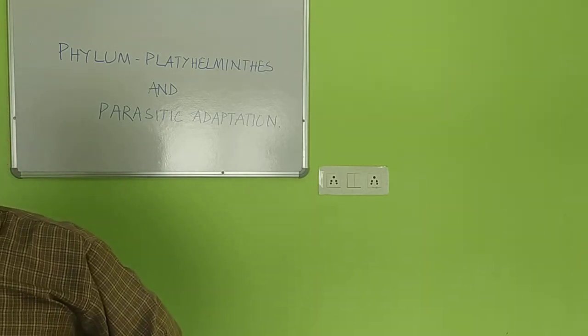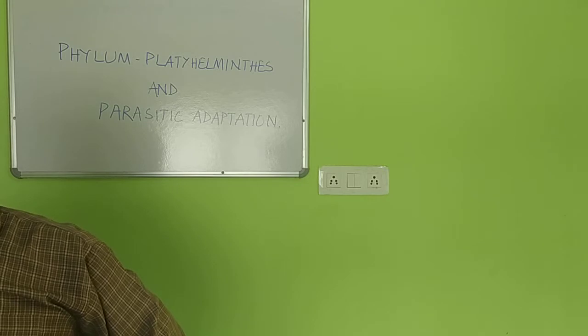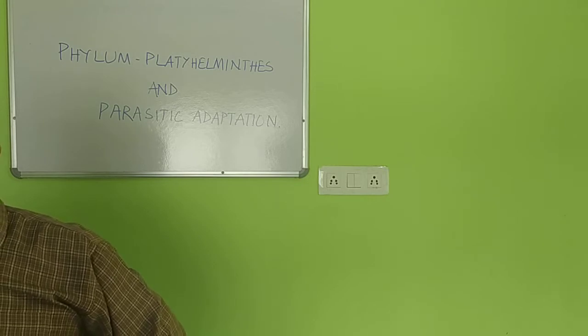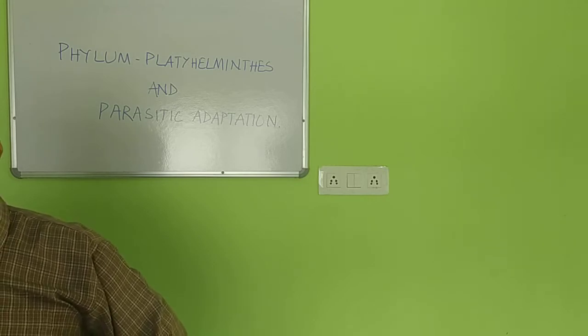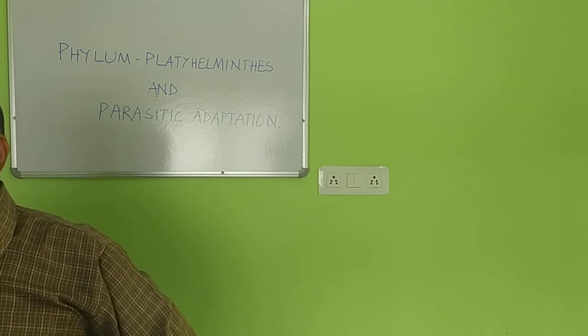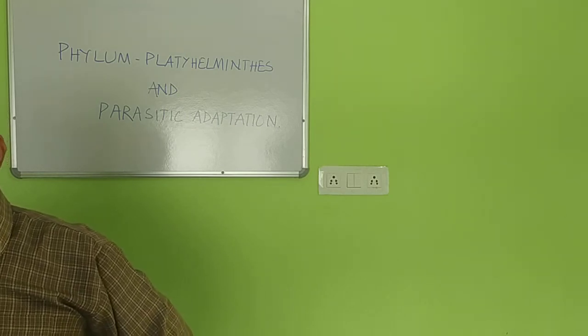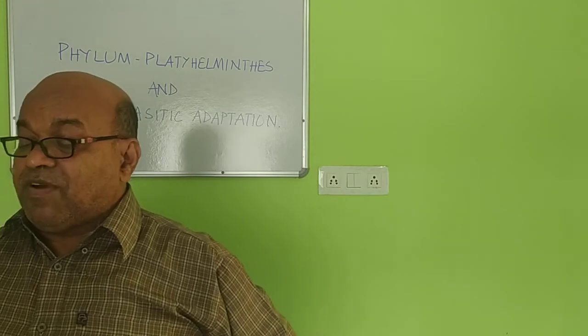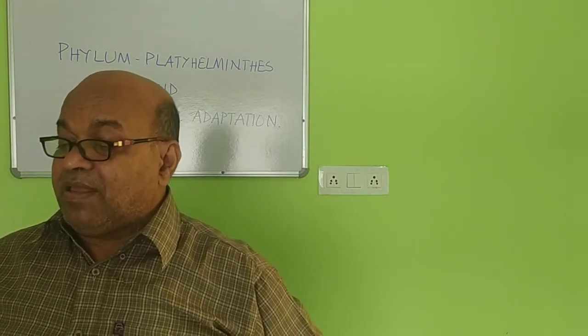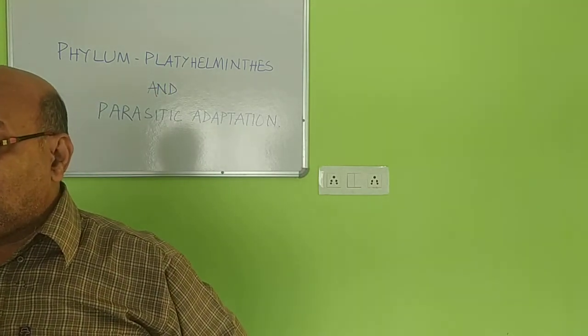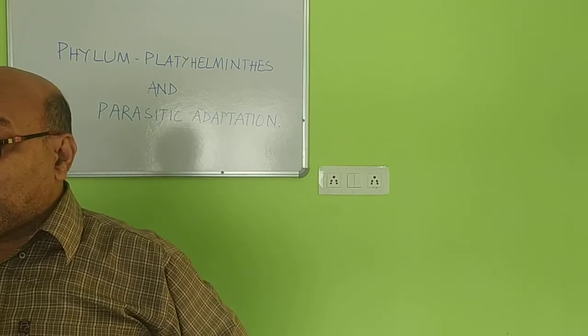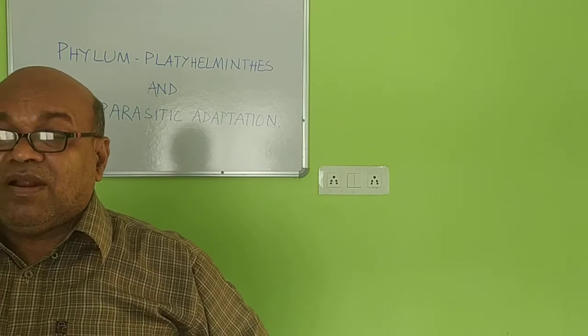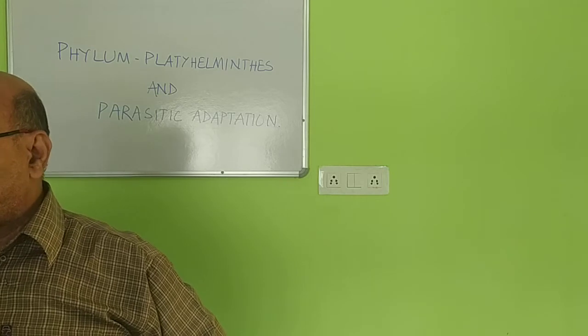The digestive tract is well formed and branched, without an anus because it is a parasite, and it is altogether absent in a few members. Respiration is anaerobic because they remain within the host and have no independence for performing aerobic respiration.